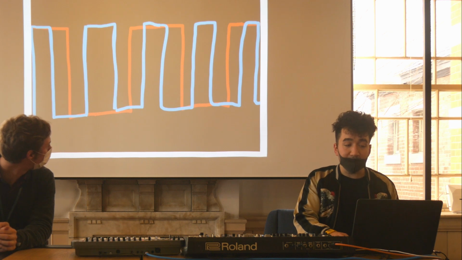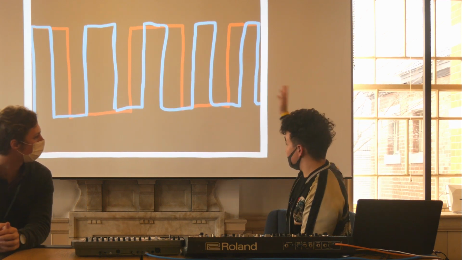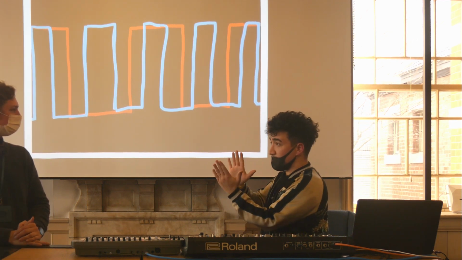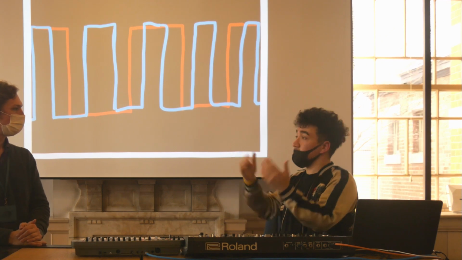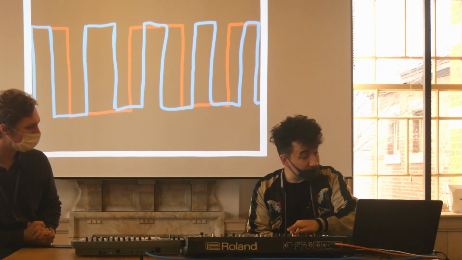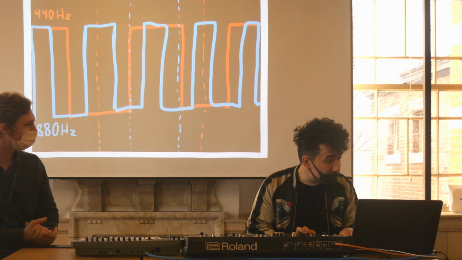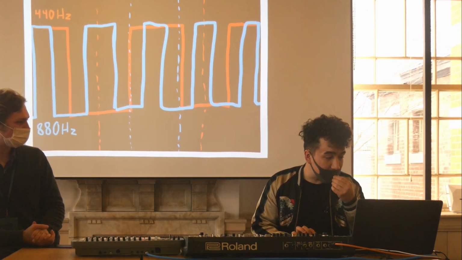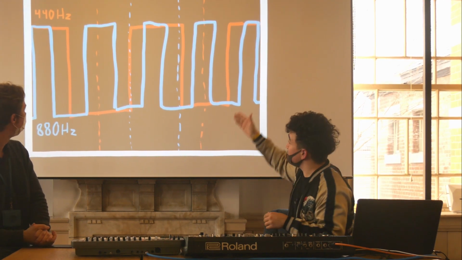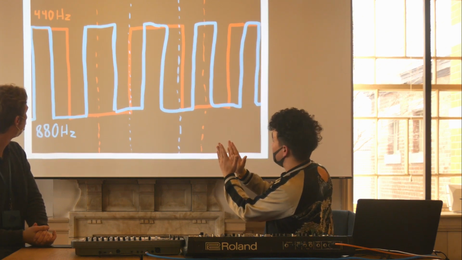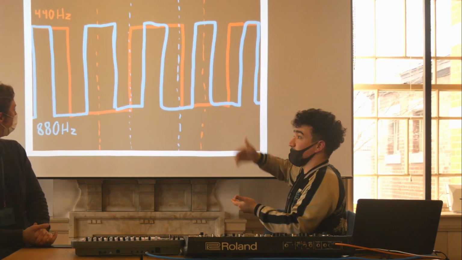However, if you take a second wave and put it over with the waves closer together, that will create a higher pitch. For example, this is roughly what an 880 hertz wave would look like. It's about half the width, and so it will be double the pitch.